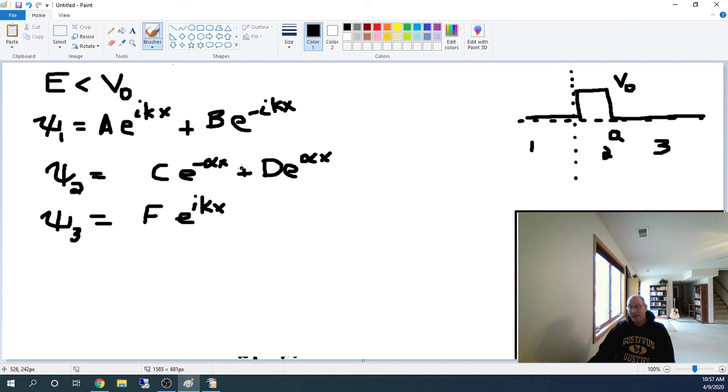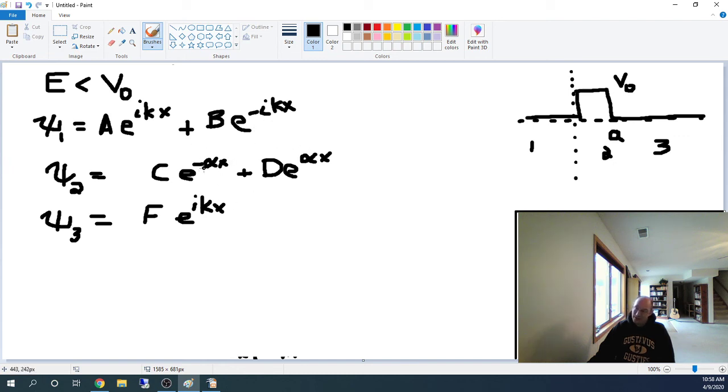Then what we have next is the idea that the derivative of the wave function should be equal on each side of the boundary at x equals 0. So I do the same thing as I did before. When I take the derivative of this, I get ik, and for this one I get negative ik there. So when I evaluate it at 0, it's a times k minus b times k, which is equal to, and then do the same thing here.